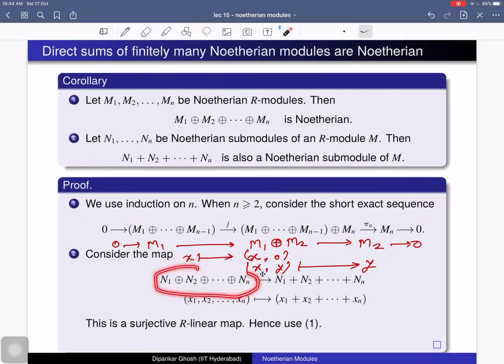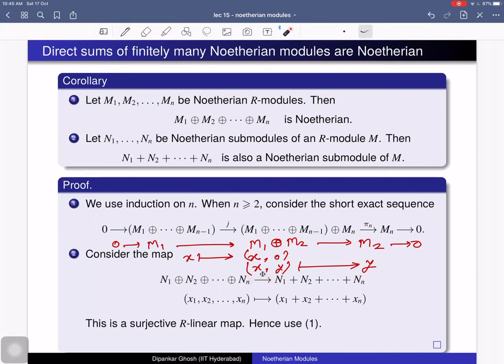From this direct sum to the usual sum, one can have this natural projection map. What is that? So here elements look like these n-tuples, where the ith component is coming from N sub i, and then one can map this n-tuple to this usual sum x1 plus x2 plus up to xn, because everything is a submodule of M and everything is happening inside M. So one can consider this usual sum, and then one can verify that this map preserves addition and scalar multiplication, and therefore this is an R module homomorphism, and one can verify that this is a surjective R module homomorphism.